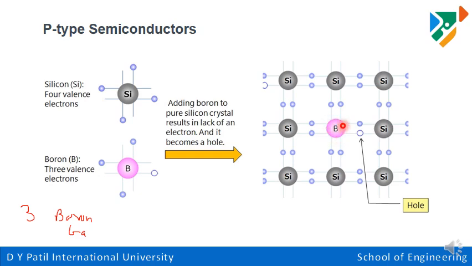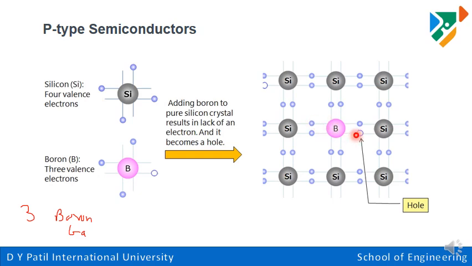See, this is my boron having 3 valence electrons, which combine with the valence electrons of neighboring silicon atoms. Now the fourth covalent bond, however, remains incomplete. It cannot make a pair, as boron has only 3 valence electrons.